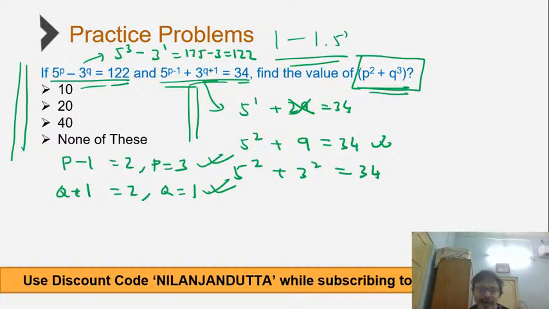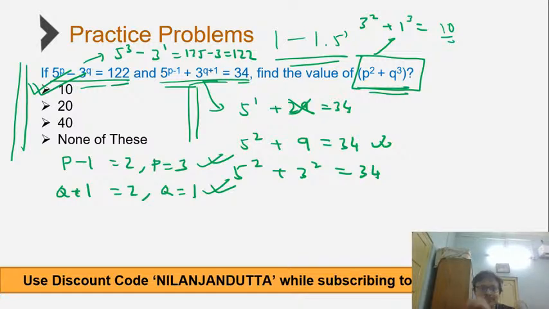So now that you've got the value of p equal to 3, q equal to 1, you can simply put it here and check. What is that? 3 square plus 1 cube is 9 plus 1, that is 10, which means the answer to this question will be option A, that is 10.